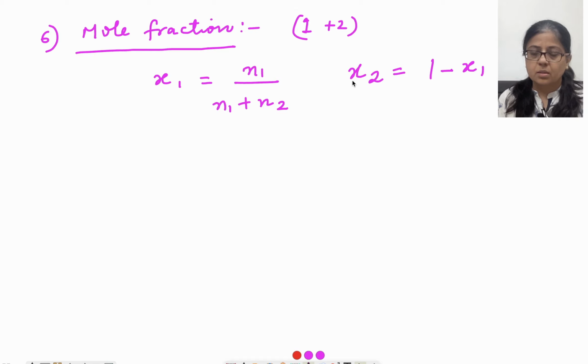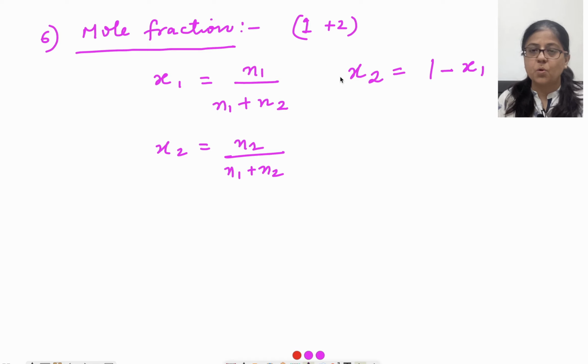Or you can calculate it as N2 divided by the total number of moles, but there is no need to calculate it again. We can subtract the value from unity. Subtract the value of the first mole fraction from unity to get the mole fraction of the other component in the solution. This is mole fraction.